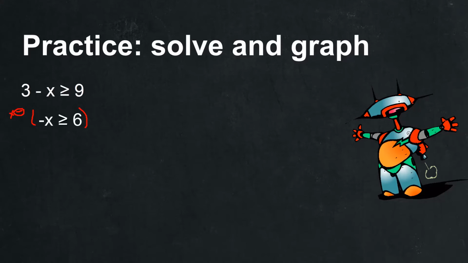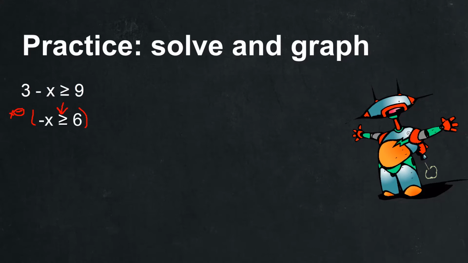When you multiply by minus, as I told you before, you have to pay attention that the symbol will be reversed to the other side. So if it is greater than or equal, it becomes less than or equal. This is only when I need to multiply by minus.